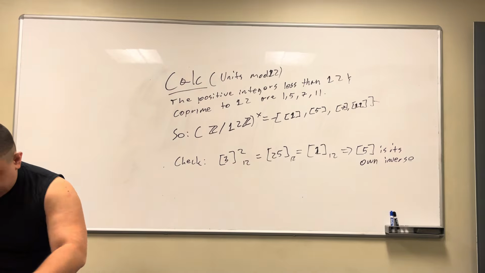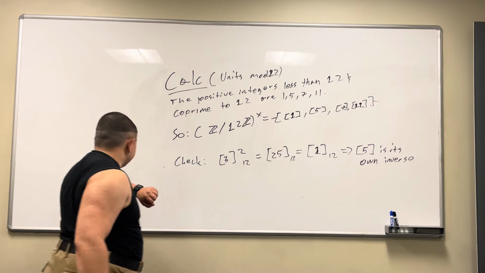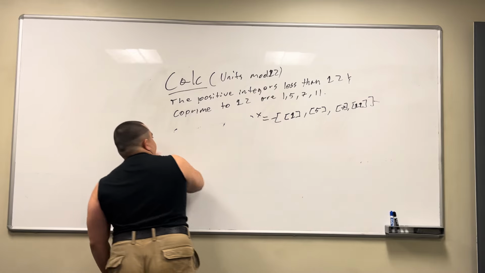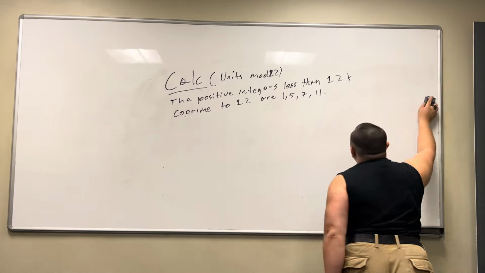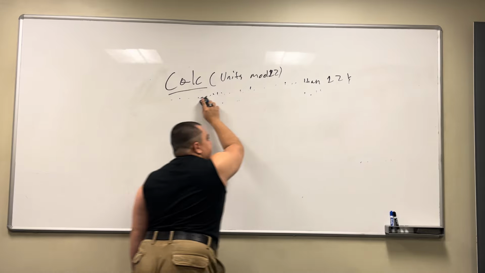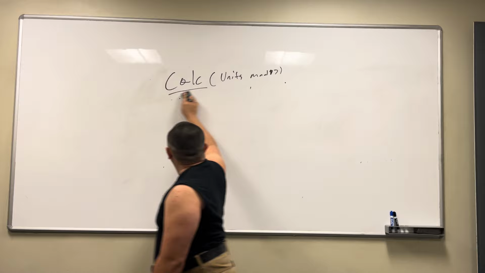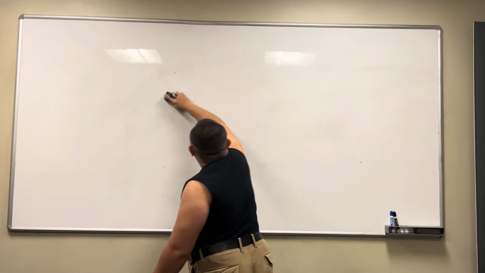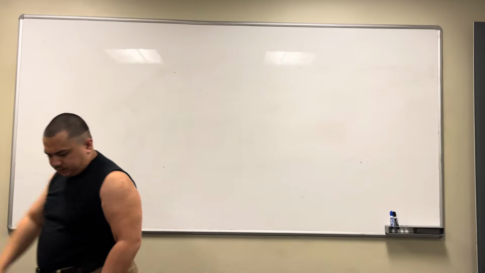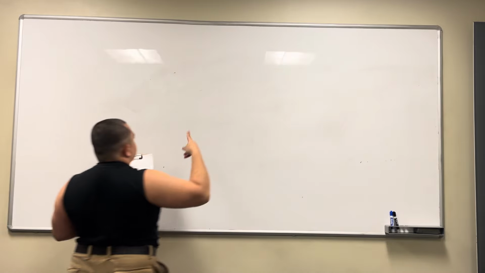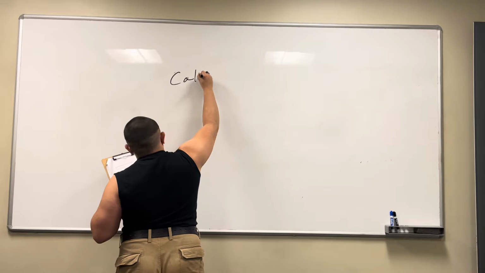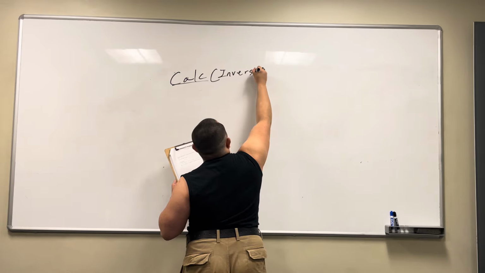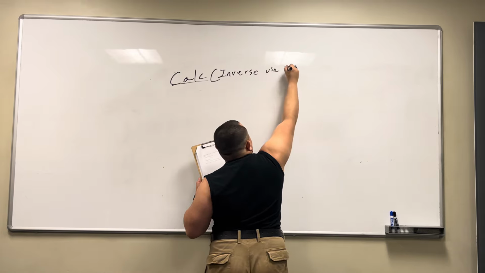Now let's look at one more calculation, and we'll call it a day. It will be the end of the preliminaries in this textbook. We can move into the actual meat of the work itself. So let's look at a calculative example: inverse via the Euclidean algorithm.